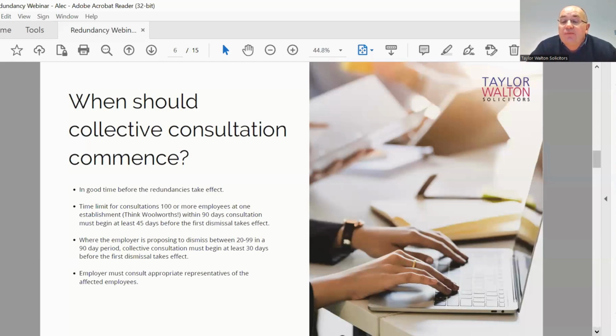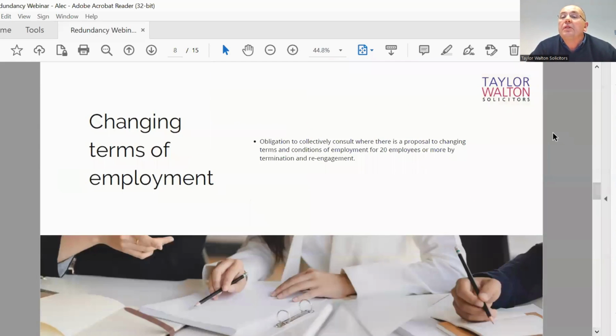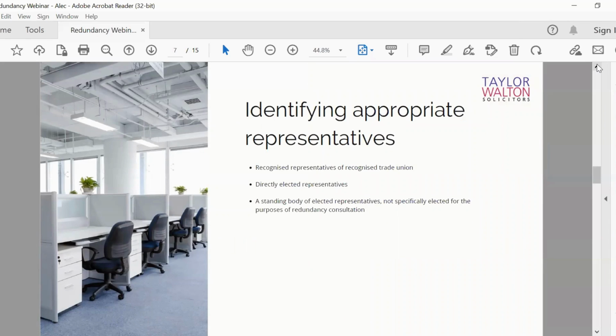regulations. So, identifying appropriate representatives. Basically, there are three types of representatives: those recognised by the trade union, representatives of a recognised trade union; there's the directly elected representatives from the staff affected; or there may be an existing standing body of elected representatives, for example, a staff council.